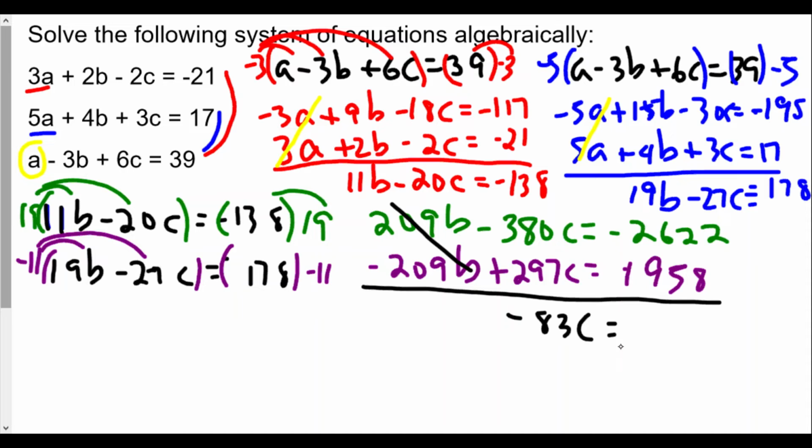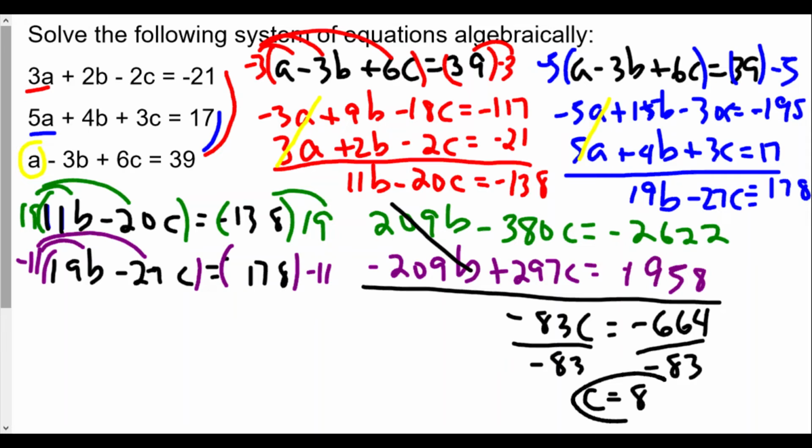We should have, in this case, a negative 664. We divide both sides by negative 83 to find the value of C. And we get C is equal to 8.